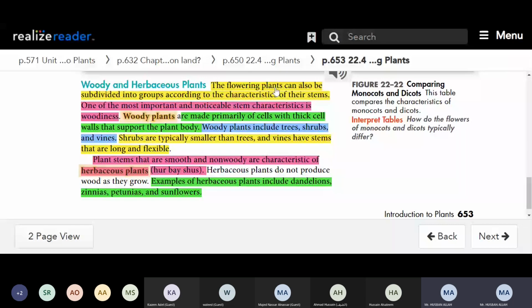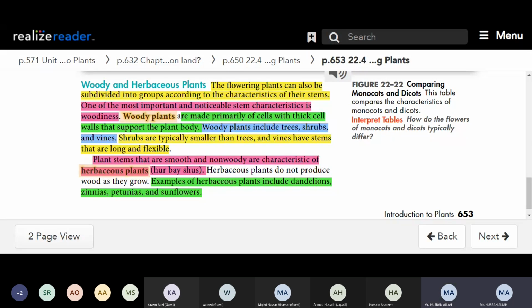Flowering plants can also be subdivided into groups according to the characteristics of their stem. So are flowering plants herbaceous or woody? Herbaceous, normal flowers, or even trees.